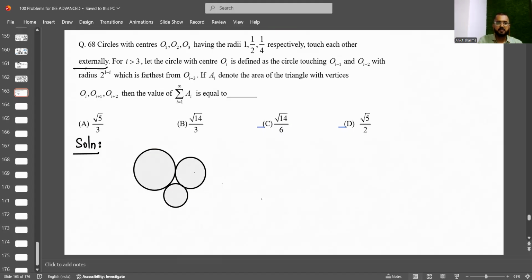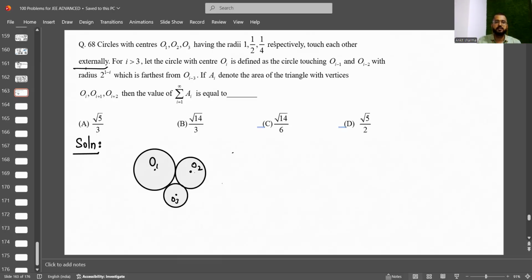So I have this circle whose center is here, O1. So this is my O1, and this one is going to be O2, and this one is going to be my O3. So the first circle has radius 1, so this is 1, and then O2 is half, and then the third one is 1 by 4.